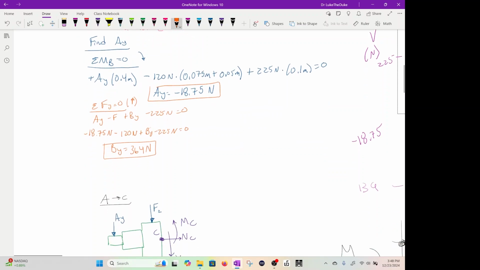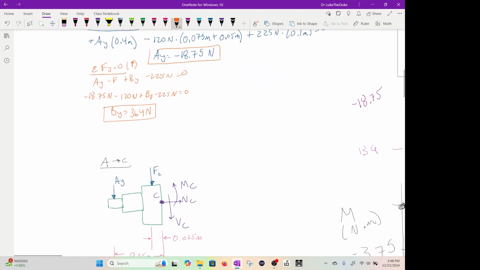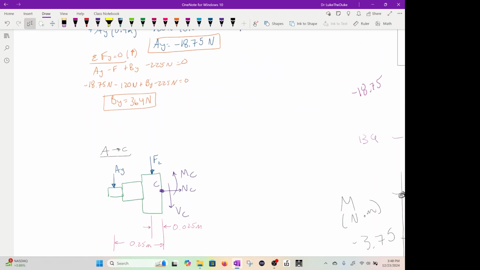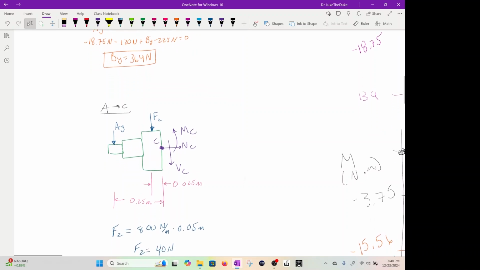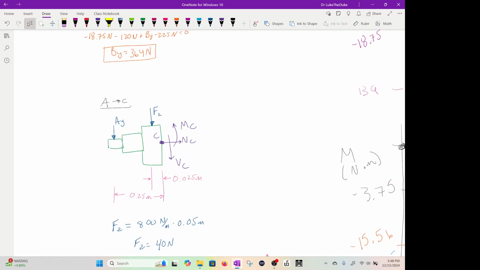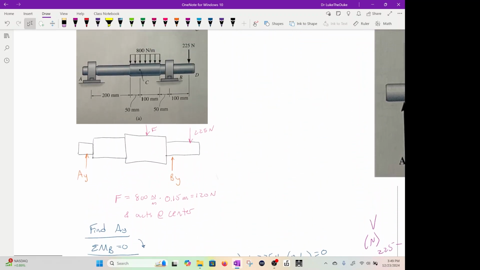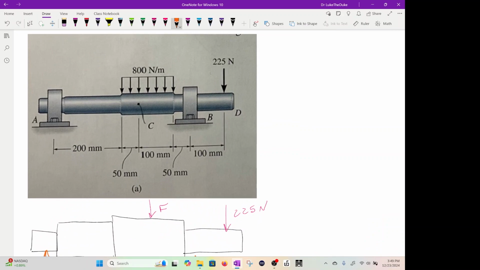Okay. Then what we can do is basically do a free body diagram at C. So we got AY, F2, and then we have the moment, we have NC, and we have VC. Okay. So if you scroll down here, F2 now is 800 times 0.05 meters. Because we're only looking at, if you notice, C is only 50 millimeters.